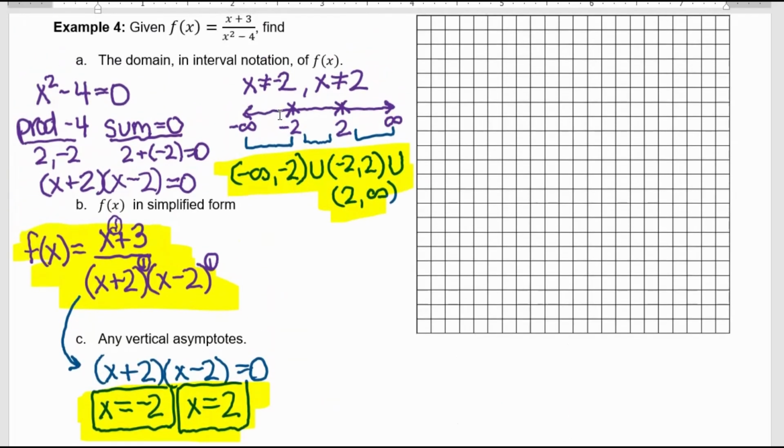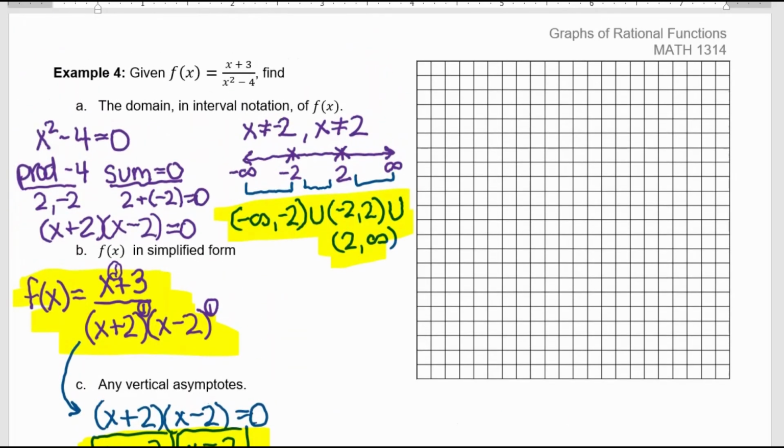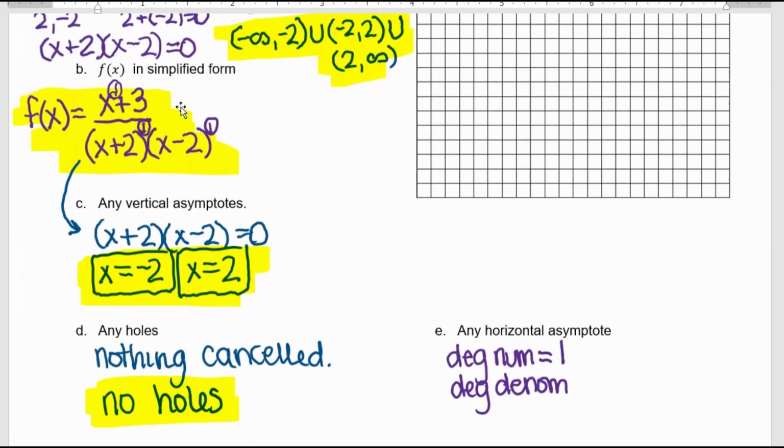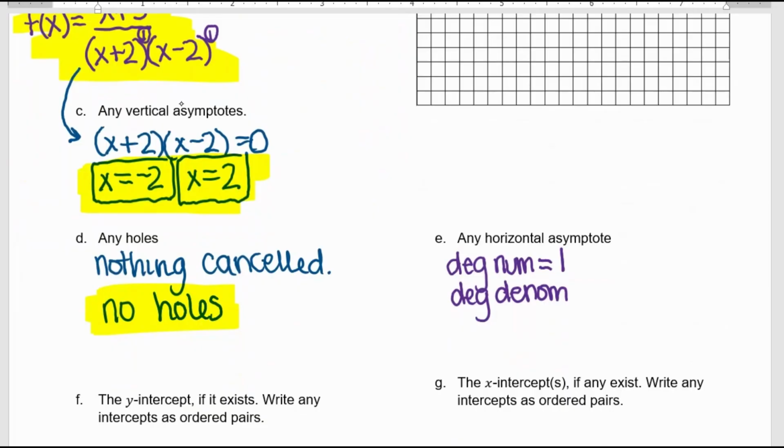Otherwise, I'm scrolling up real quick. We have a 2 as the highest exponent in the standard form version that they originally gave us. Either way, the degree of the denominator is 2. Because the degree of the denominator is bigger, the denominator is in the bottom. We bottom out and we have a horizontal asymptote of y equal to 0.